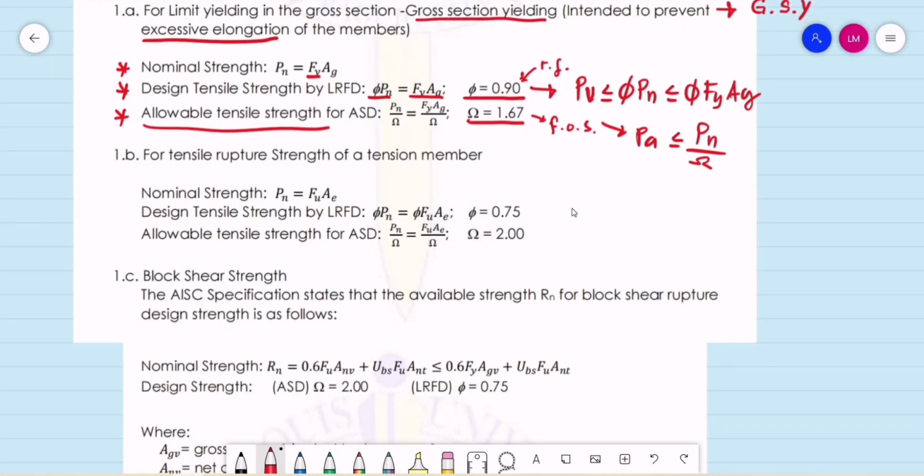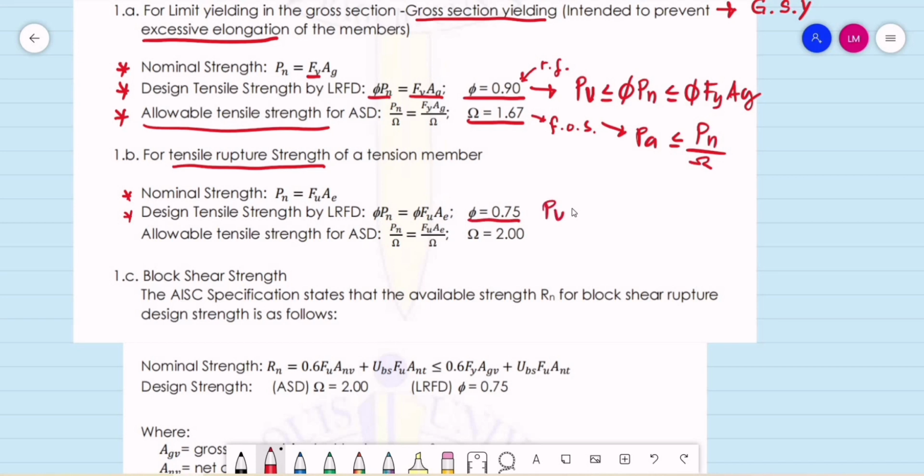Then for the tensile rupture strength, that is the same as the breaking strength of a tension member. This time, the nominal strength is P sub n equals Fu times Ae. For the design tensile strength by LRFD, our reduction factor this time is 0.75.